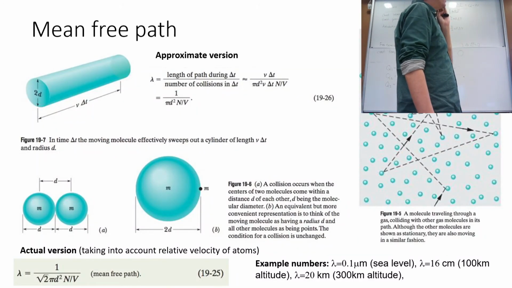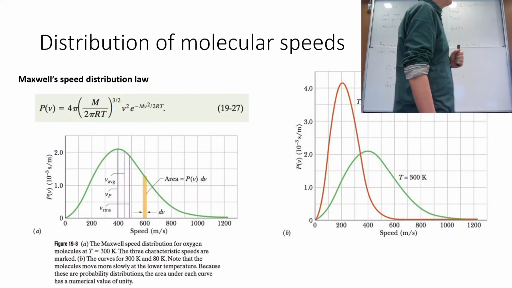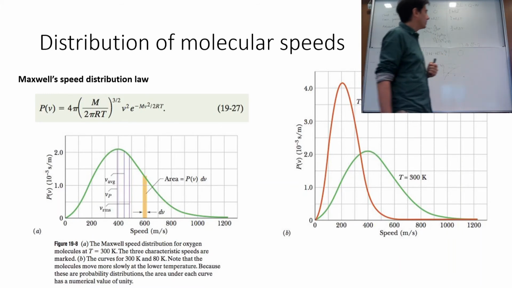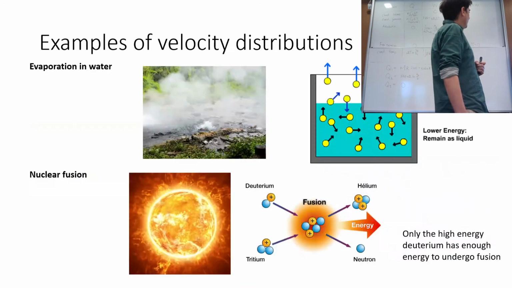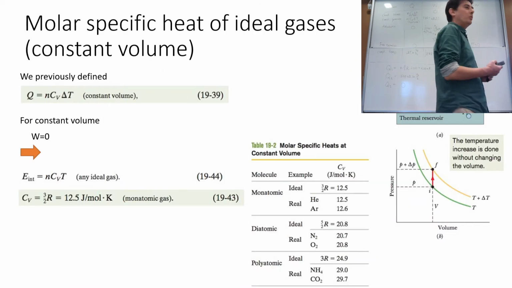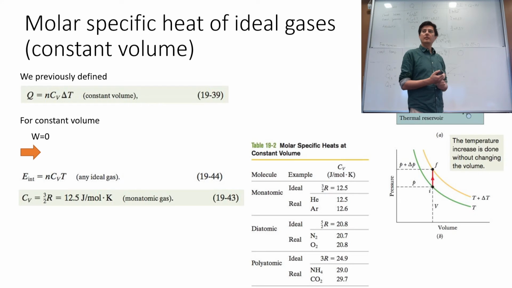This formula is, I think, given to you, so that's important. This is another one that's sort of given to you, but you do need to know what it means, of course. And, well, yeah, so I think the rest we more or less covered today. Okay, so thermodynamics, I think that's mostly everything.